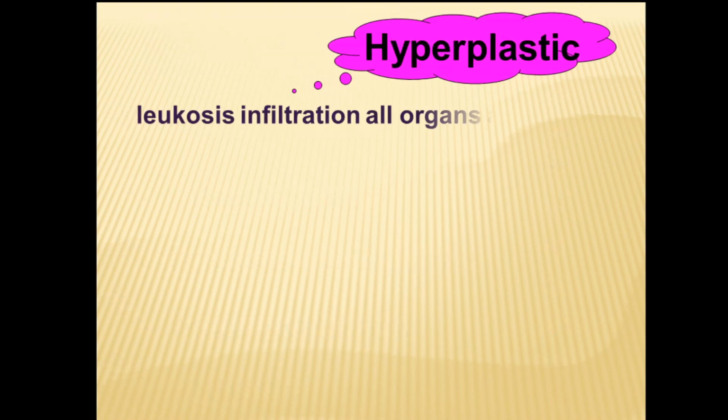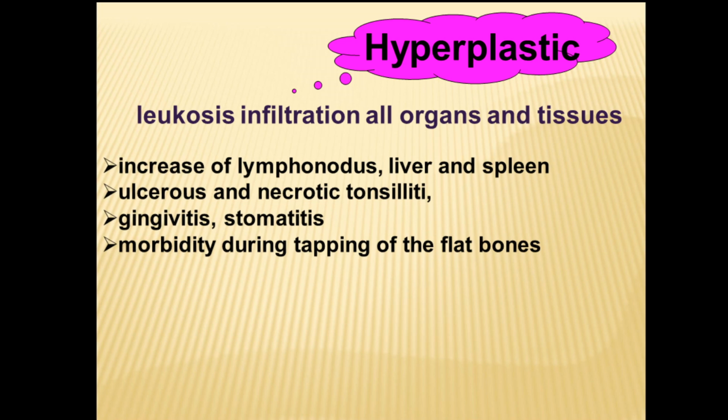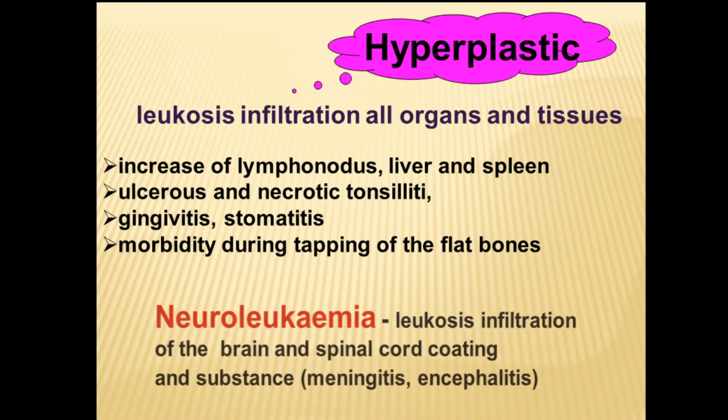Let's give a characteristic of every syndrome. Hyperplastic is manifested with leukemic infiltration of all organs and tissues. And first of all, we will reveal increased peripheral lymph nodes, hepato- and splenomegaly. I told you about necrotic tonsillitis, ulcerous tonsillitis with specific unpleasant odor. The patient is predisposed to inflammation of the gums, gingivitis and stomatitis, and has tenderness during tapping on the flat bones due to intensive hematopoiesis.